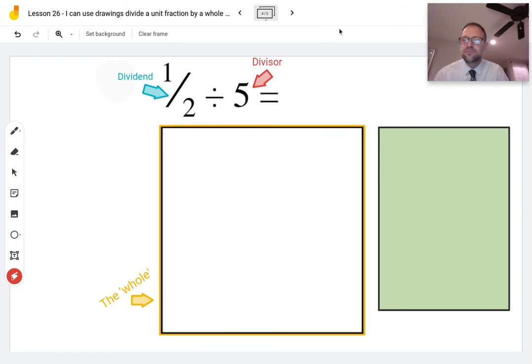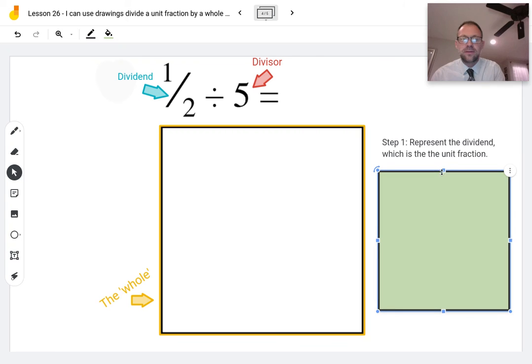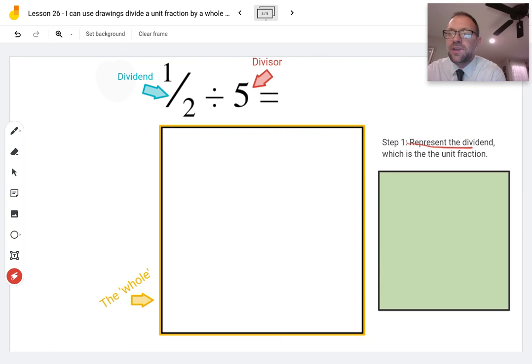Here we go. Step 1 says represent the dividend, which is the unit fraction. All right, now, how are you going to do this? Well, you might have to take out a piece of scratch paper or open up a blank Jamboard in a different tab so you can draw this out, okay?